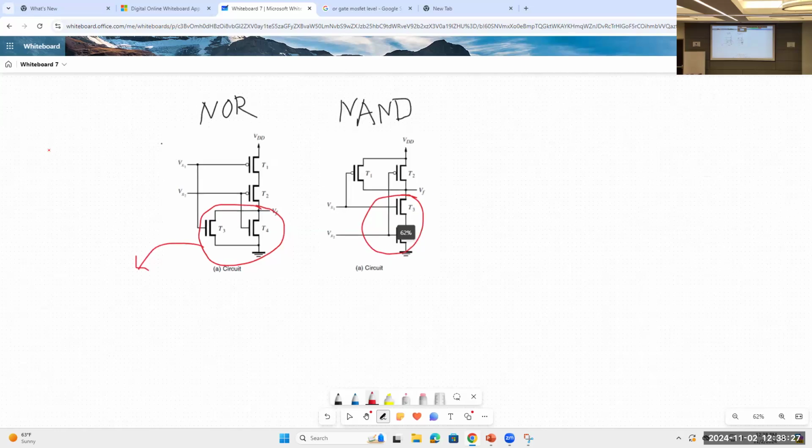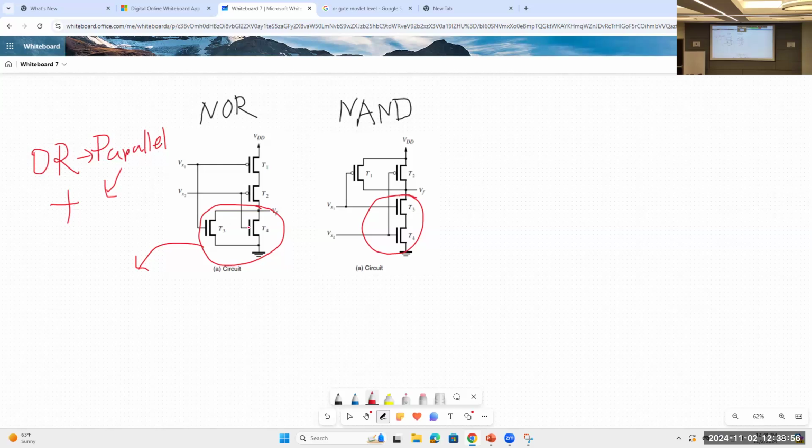So, do you remember that OR is related to parallel and the addition operation? Let's write this plus. So these are all connected in parallel, plus. So what is the realization here?